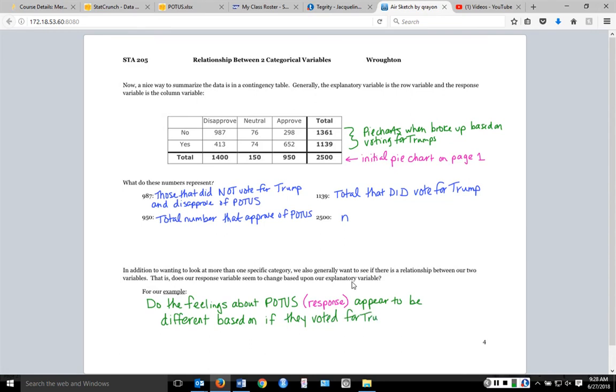And that voting for Trump was our explanatory variable. So how can we look at that more specifically?